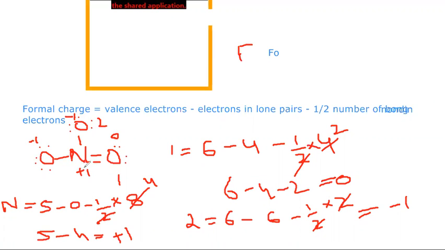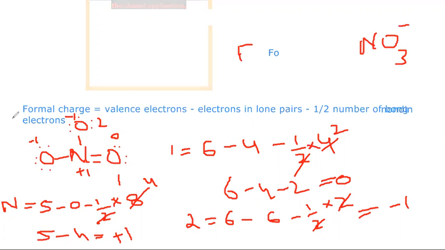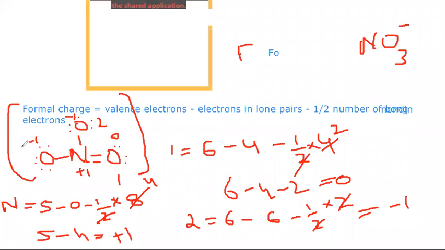You have correctly calculated the formal charge on each element or atom present in this molecule. Now remember, the formula of the nitrate is 3 minus. So if you want to calculate the total charge in this molecule, you can simply say this is a plus 1, minus 1, minus 1.